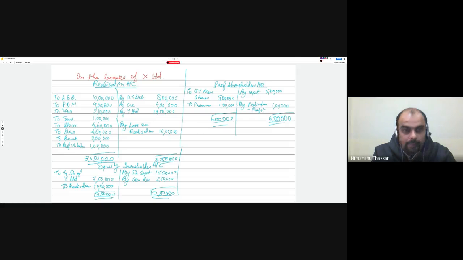Then comes stock. Stock account. Value of the stock is 4,50,000. You need to check if new values are given, take new value. If nothing is mentioned, then you can take the old value. Debtors account 4,80,000. Then comes bank account.